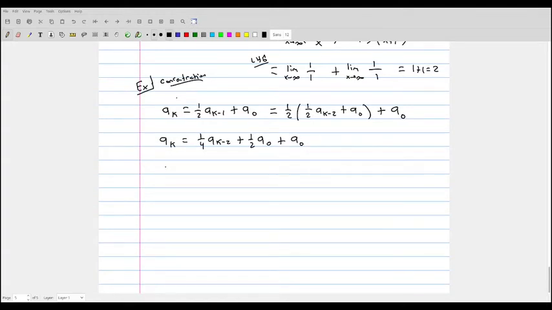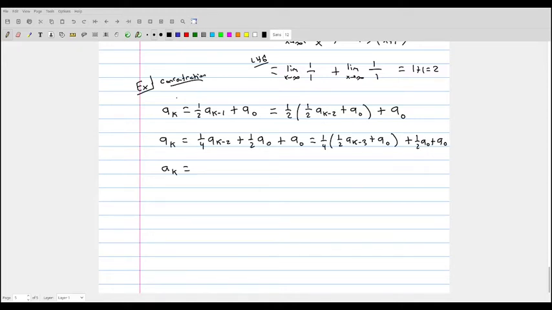If we do this again, so if I plug in again that a_{k-2} is the same thing as 1/2 a_{k-3} plus a_0, plus 1/2 a_0 plus a_0.